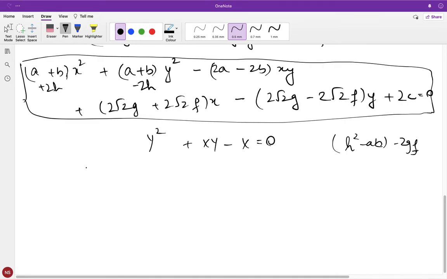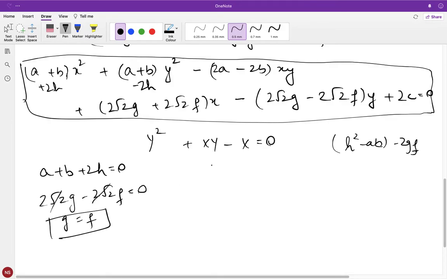So coefficient of x square is 0, so a plus b plus 2h is equal to 0, right? Coefficient of y is 0, so 2 root 2 g minus 2 root 2 f is 0. This means that g is equal to f. And what else is given? x square is given as 0, y square is not 0, xy is not 0, x is not 0, y is 0, and there is no constant, so c is 0.